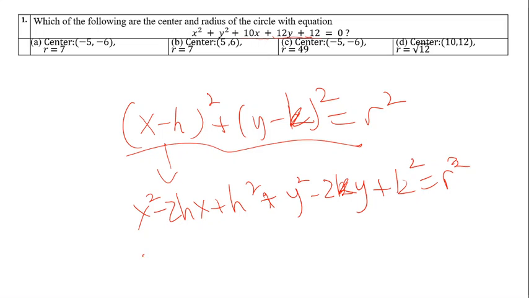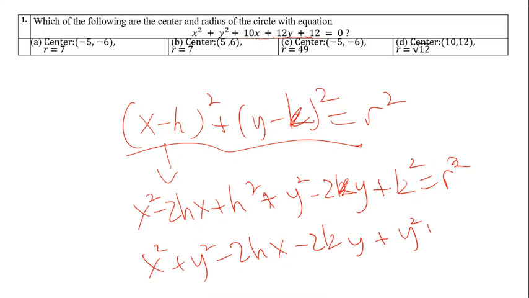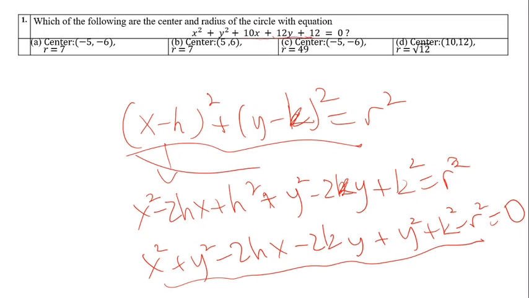When you arrange the terms this way, x squared plus y squared minus 2hx minus 2ky, and then h squared plus k squared minus r squared equal to 0, we can match them. Sometimes it's given this way instead of the standard one.